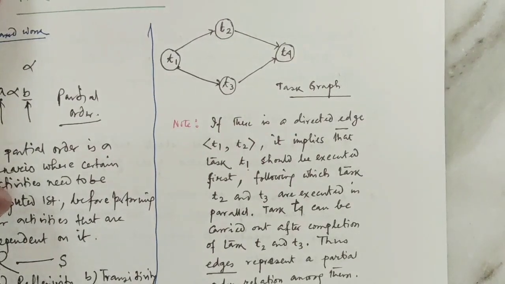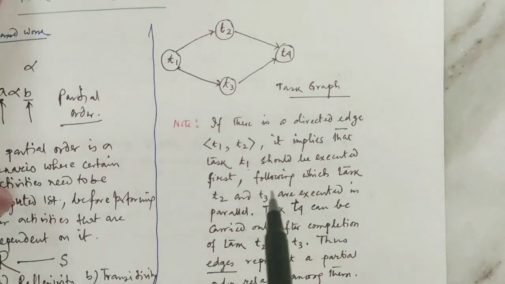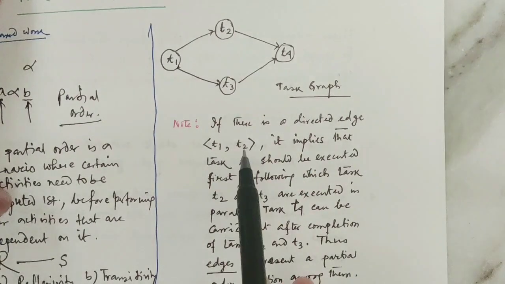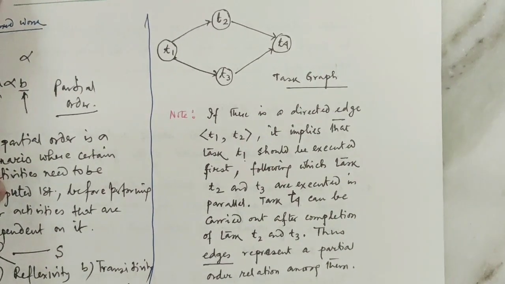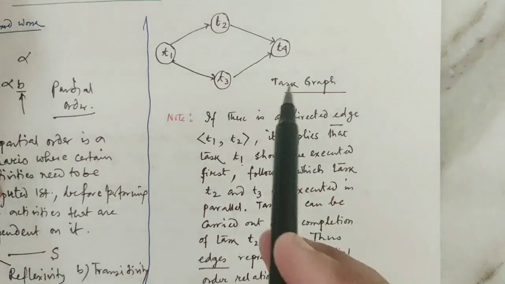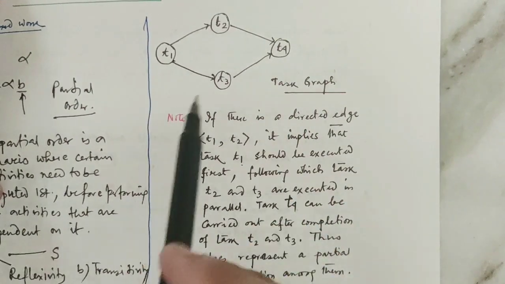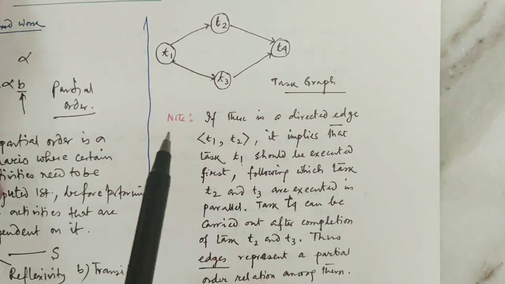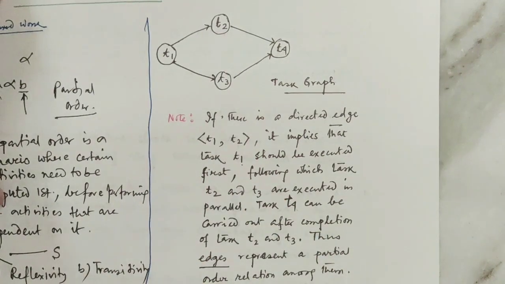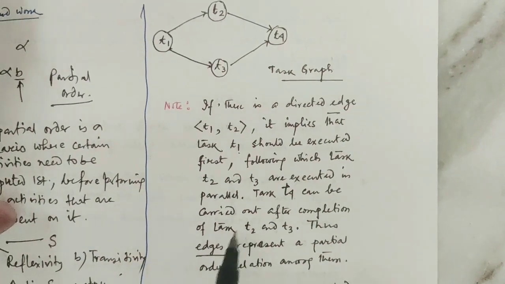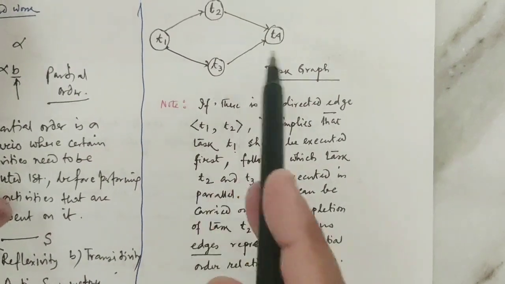So the same strategy is followed here. There is a directed edge from T1 to T2, it implies that the task T1 should be executed first, following which the tasks T2 and T3 are executed in parallel. Task T4 can be carried out after completion of tasks T2 and T3 because there is a dependency. Thus, the edge represents a partial order relation among them.